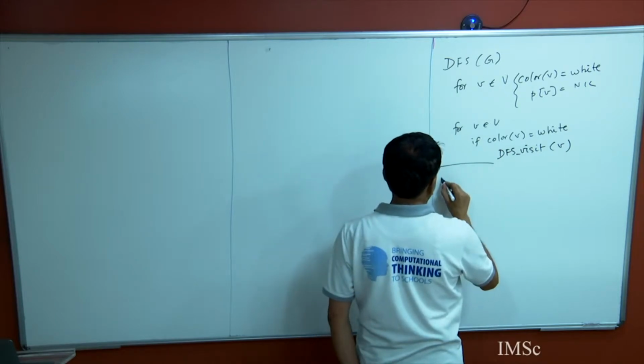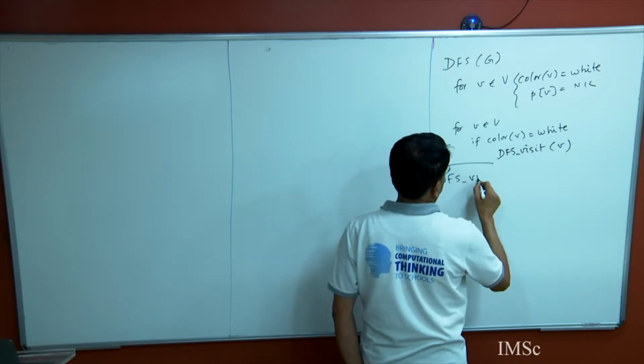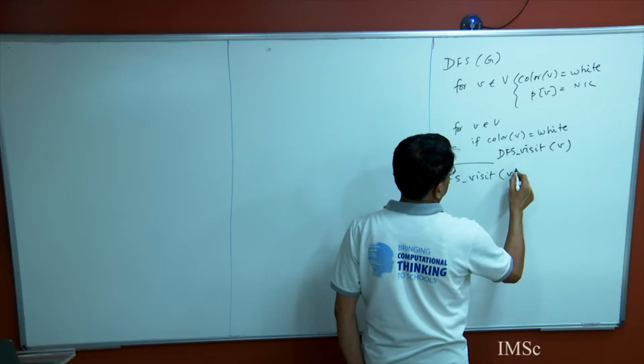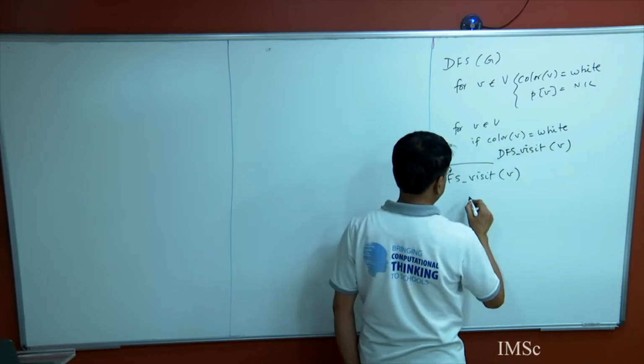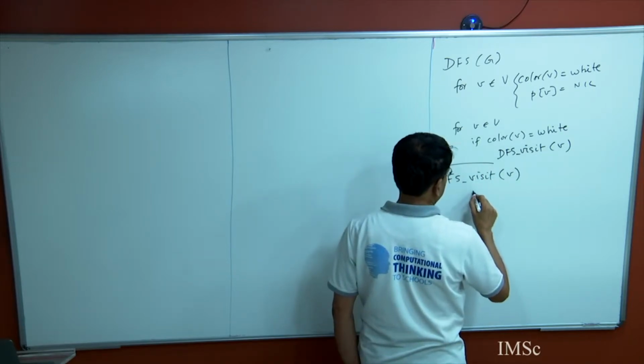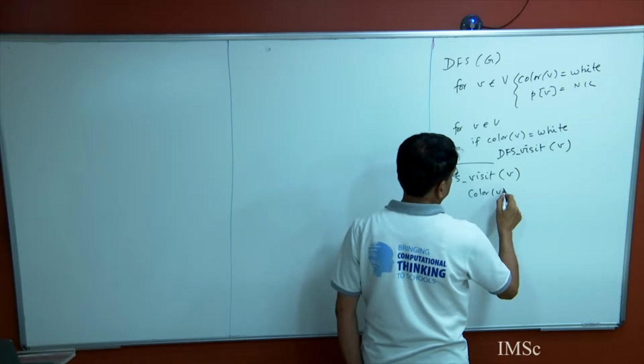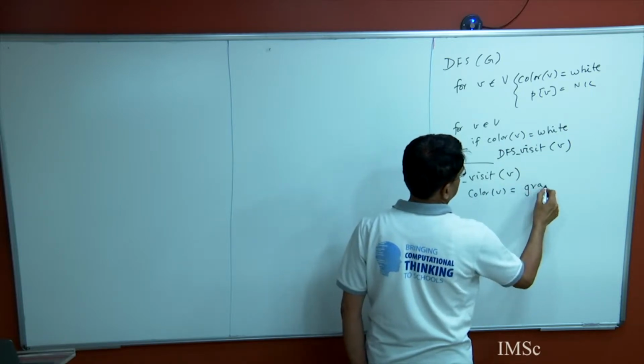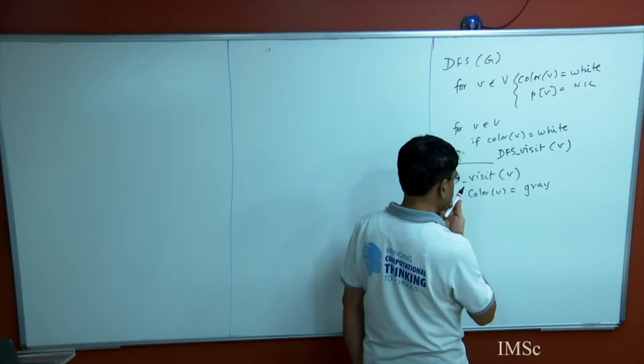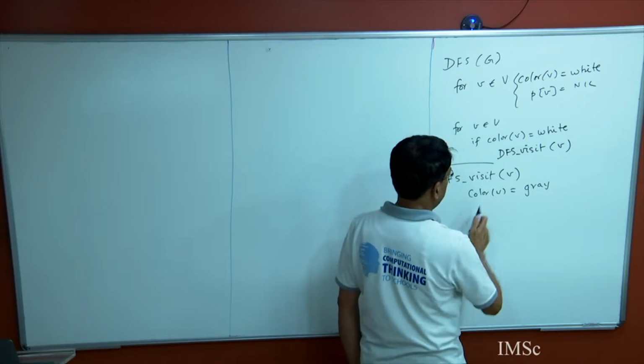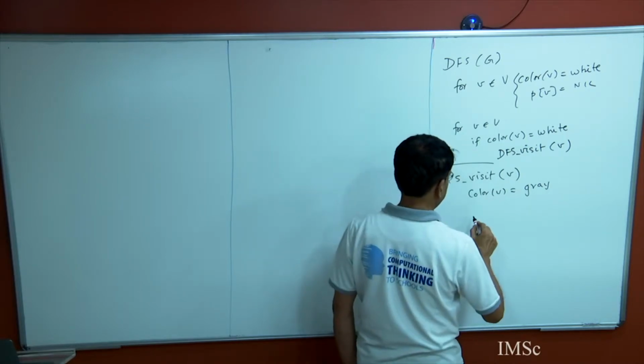Okay, and DFS-Visit v, like we did in BFS, is going to start exploring from v. So I'm going to first color the vertex gray. Then I look at neighbors of v.